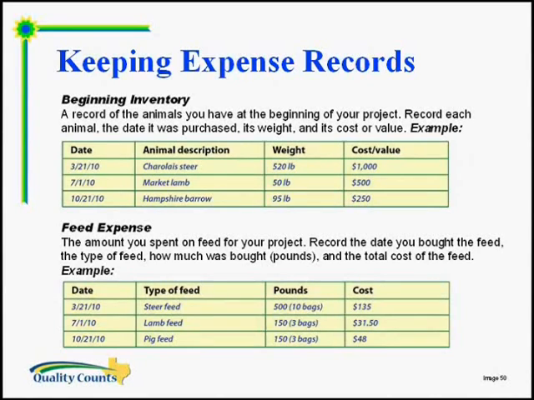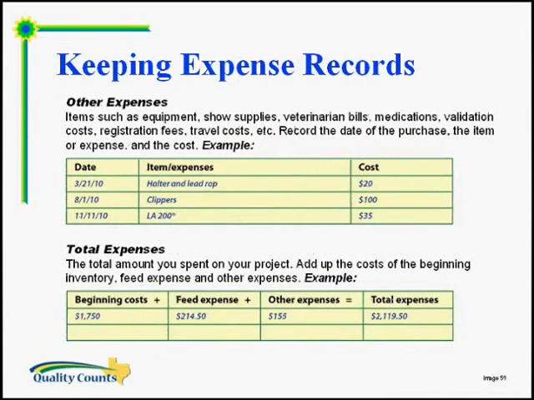We have a cost value initially, what you purchase these animals for. And then we've got feed expense records, how much feed these animals consume through the feeding period, and also the cost associated with that. And again, this is very important for you to understand what the expense of these projects are.